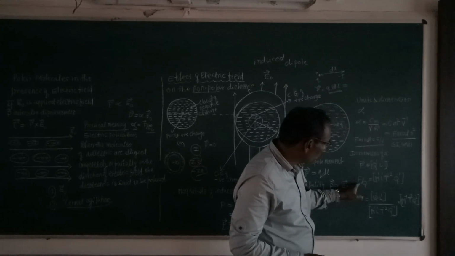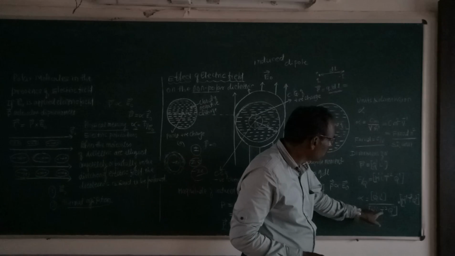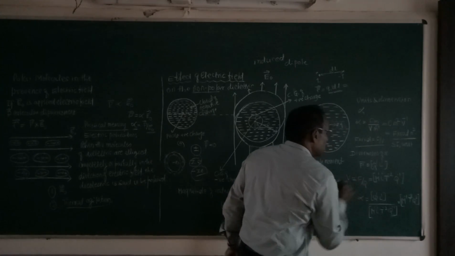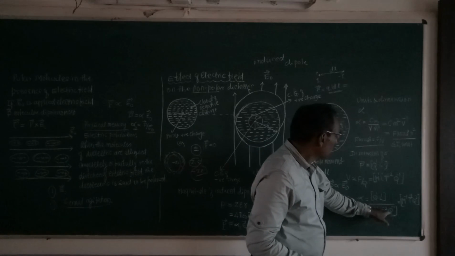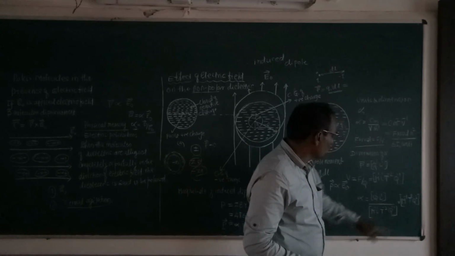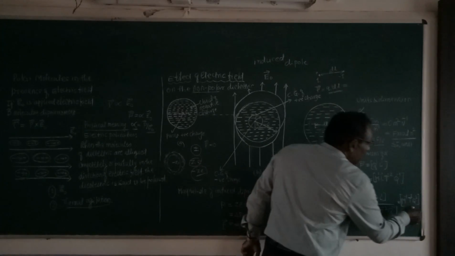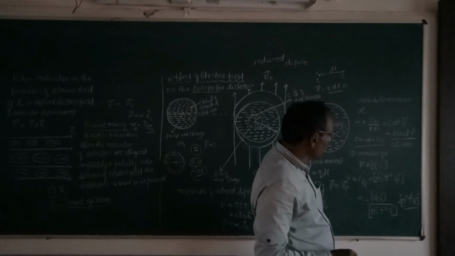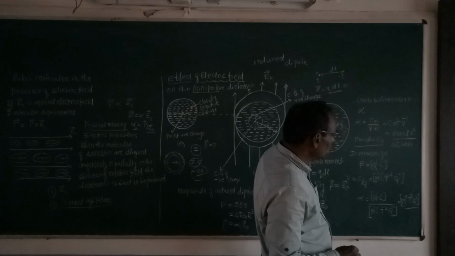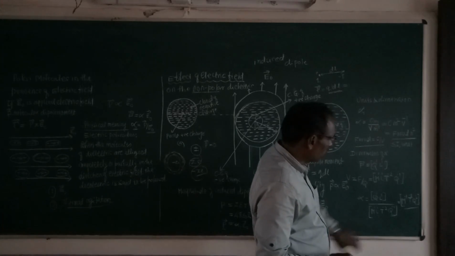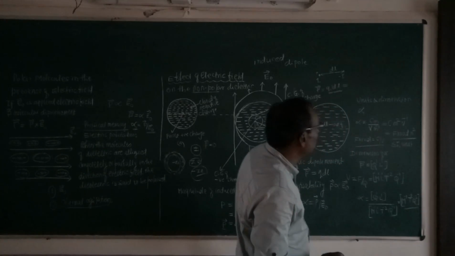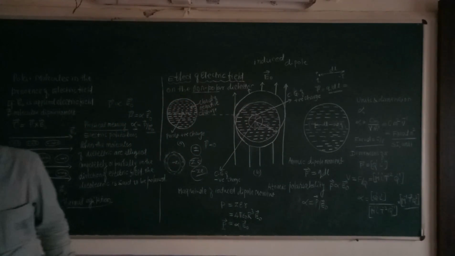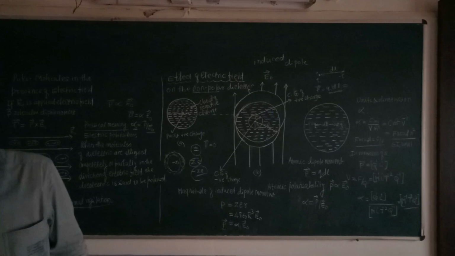When you simplify, the dimension of atomic polarizability is M raised to -1, T raised to 2, Q square.